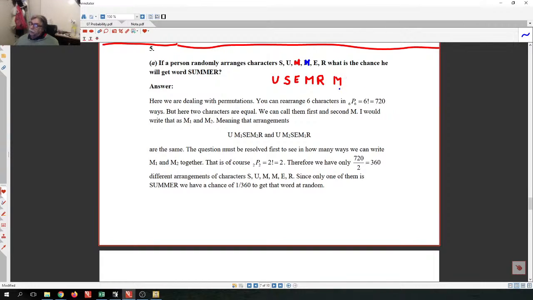When you talk about permutations, this is one permutation, and this is another permutation. I have to select a different color. So this is another permutation.